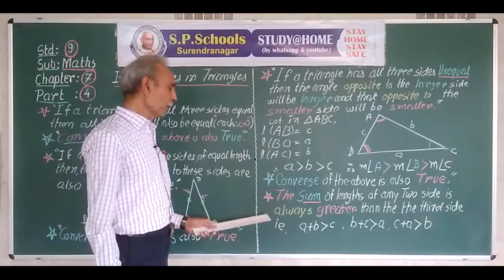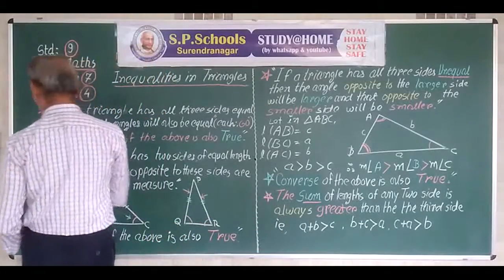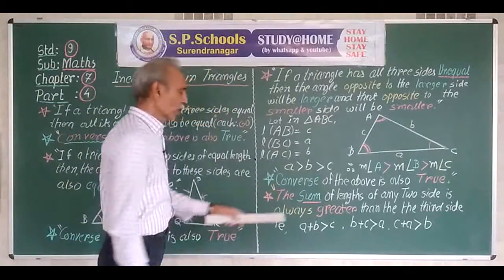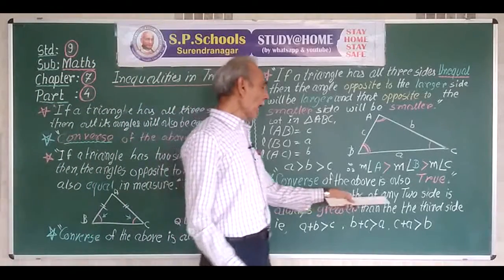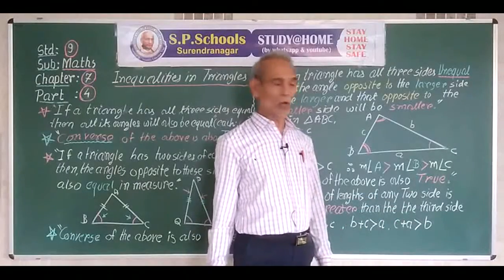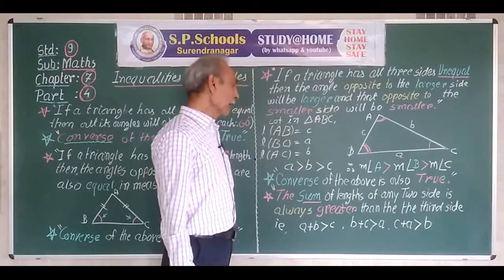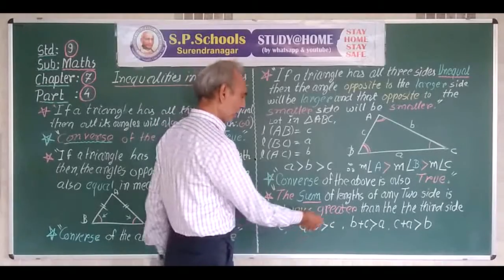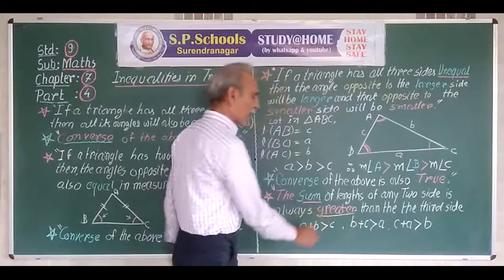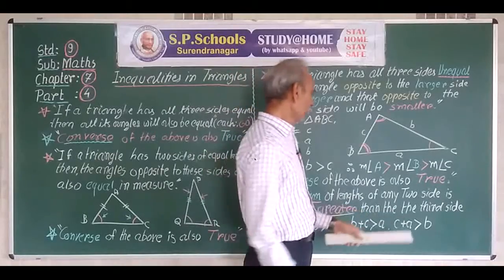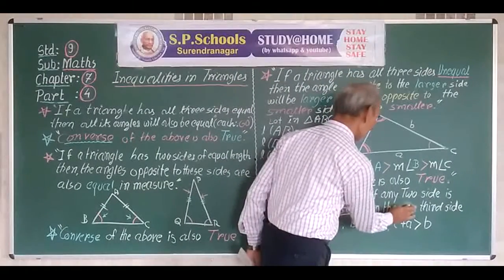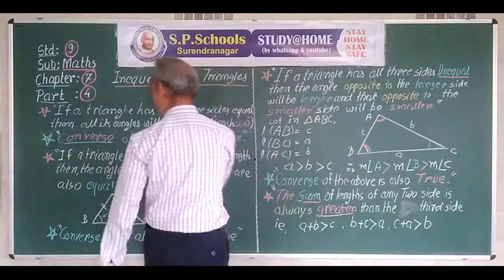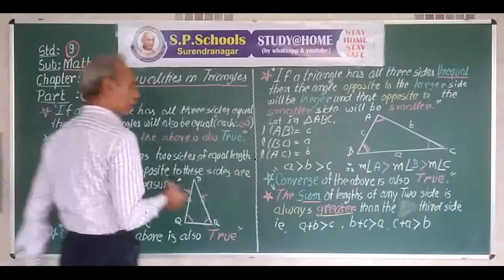It states that the sum of the lengths of any two sides in a triangle is always greater than the length of the third side.